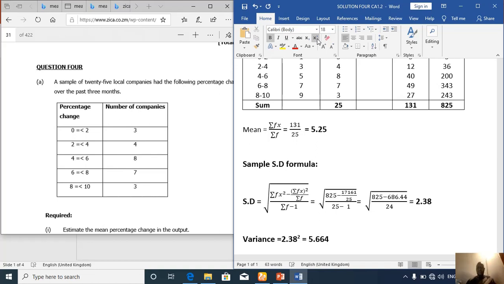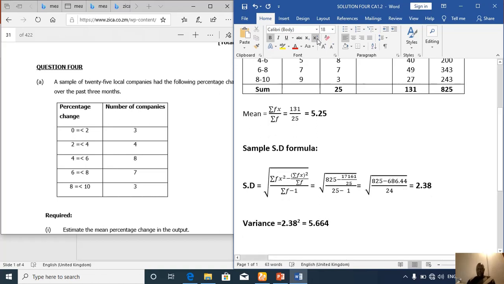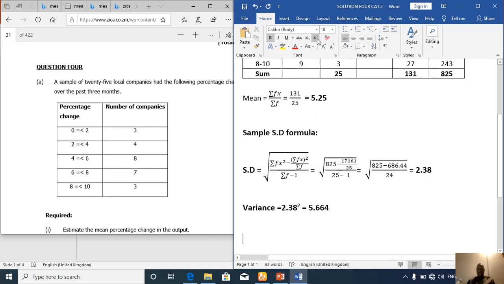That should be the variance, at least approximately. So in this particular video, we had only focused on how to calculate the standard deviation for grouped data, and also looking at the relationship between the standard deviation and the variance. The other thing that you can be asked here is how to calculate the coefficient of variation.